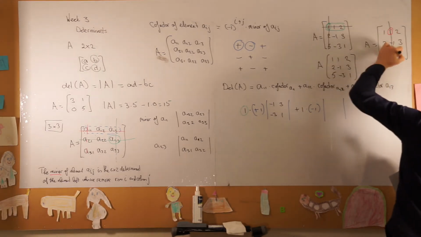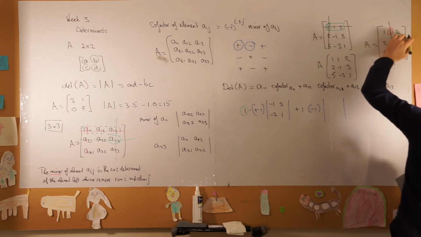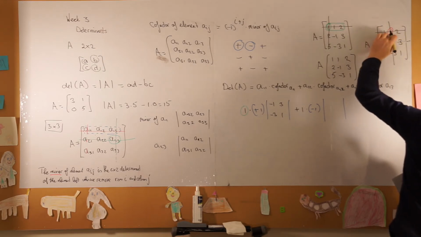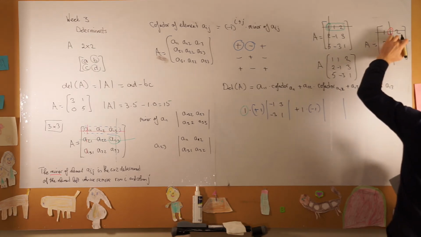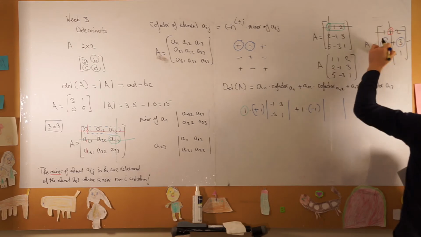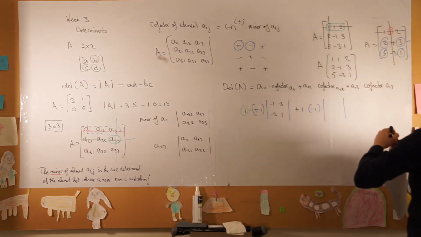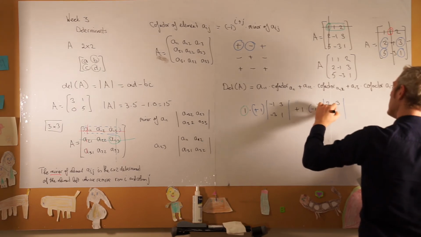We cross over the first row, second column. So we're left with this element, this element, this element, and this element, and we write those in, which is 2, 3, 5, 1.